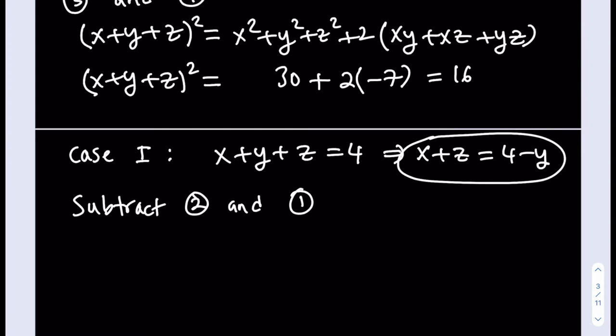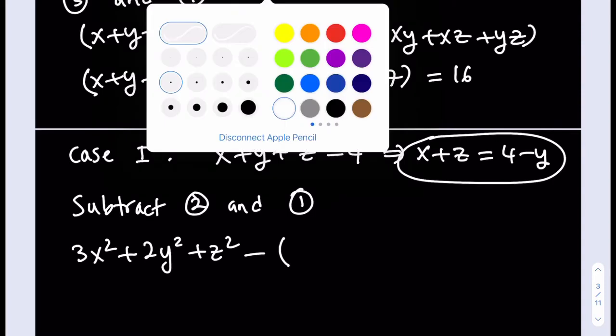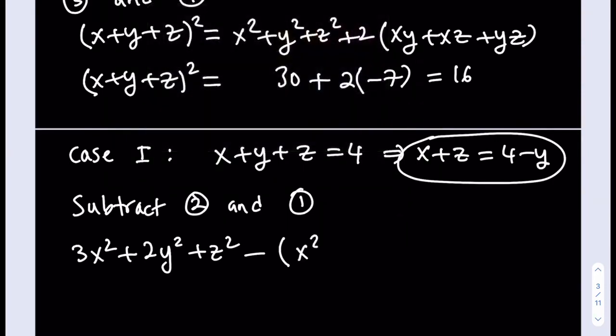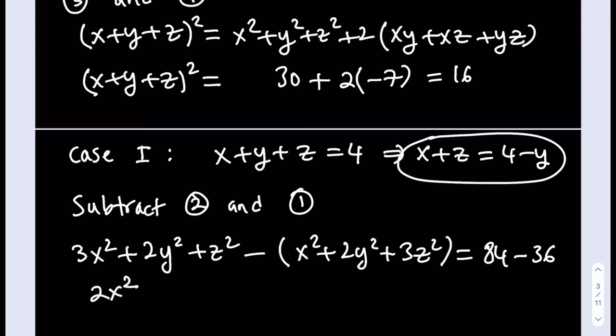Okay, number 2 is 3x squared plus 2y squared plus z squared, and number 1 is x squared plus 2y squared plus 3z squared, and that's going to equal 84 minus 36. Okay, now let's go ahead and simplify this. This is going to be 3x squared minus x squared. That's going to be 2x squared. 2y squared is going to cancel out, and then minus 2z squared. That's going to equal 48.